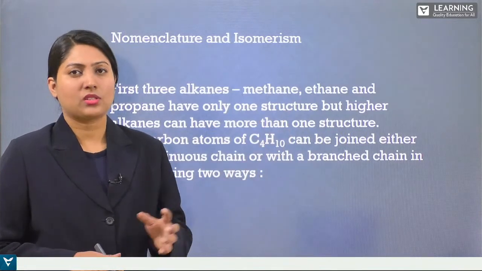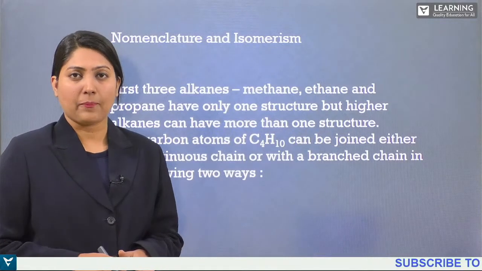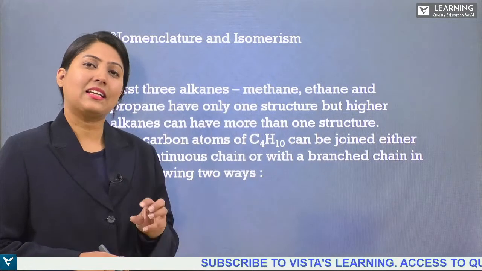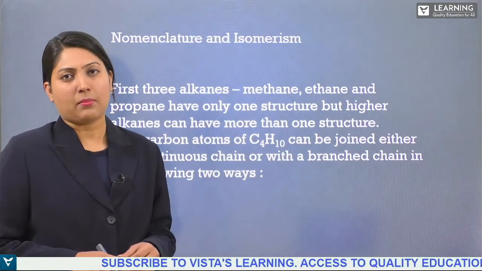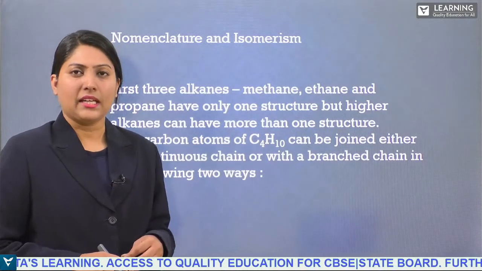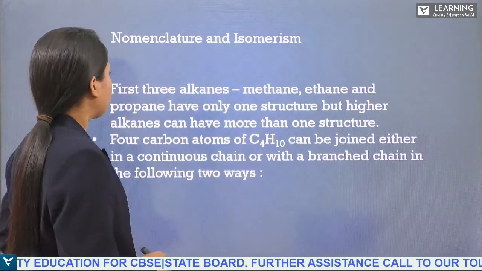What do you mean by structural isomers? In structural isomers, the molecular formula will be the same, but the bonding will be different. The carbons link to different carbon atoms, the chain will be different, or the structure will be different. So we call them structural isomers.